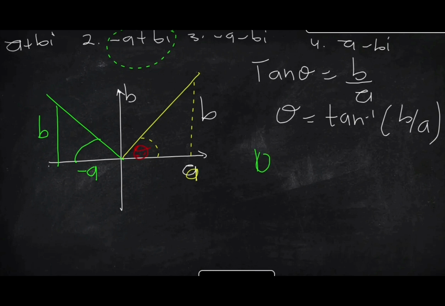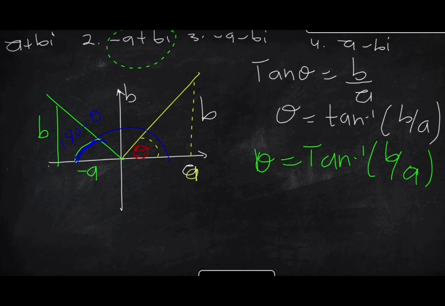Our theta equals tan inverse of B on A. We can ignore the negative for now. After computing your angle, the whole of this place is 180. So if we want this angle, we have to subtract it from 180. So here it becomes 180 minus theta. The value of theta you get, you subtract it from 180.